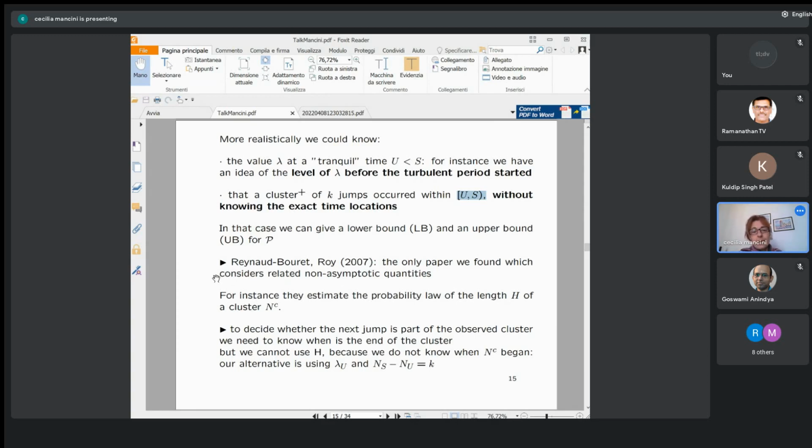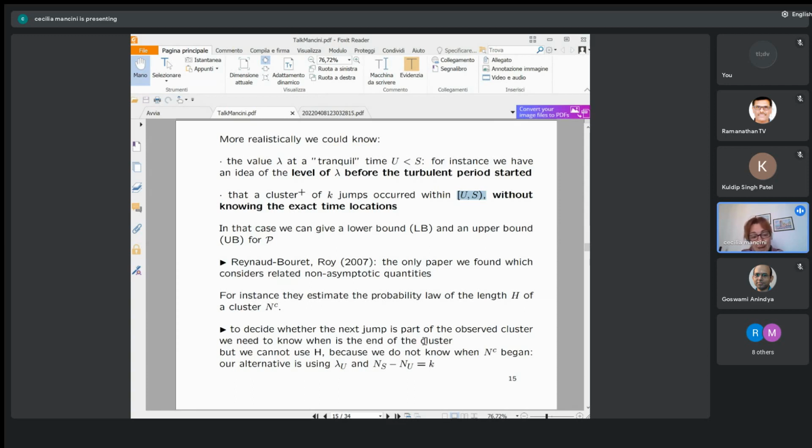But they focused on estimation of the probability law of the length of a cluster. However, this is not useful for us, because we want to estimate the end of the cluster. If we know the length of the cluster but we don't know the beginning point of the cluster, this is not useful for us.